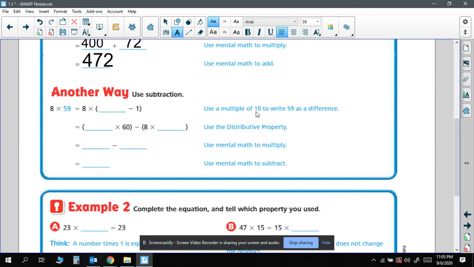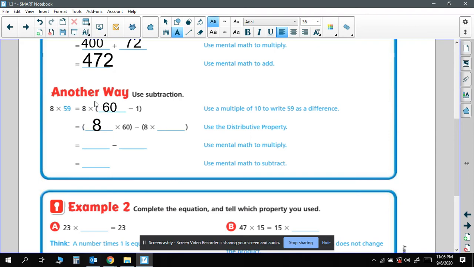So once again, 10, 20, 30, 40, 50, 60. But since we're subtracting, you want to use 60 here, because 60 minus 1 is 59. All right. Now we distribute that 8 times the 60. So in here we bring down that 8. 8 times 60.